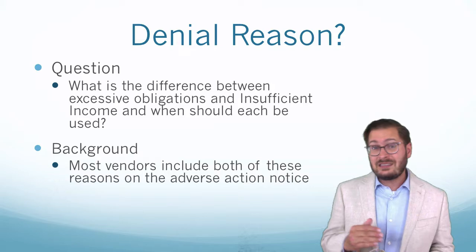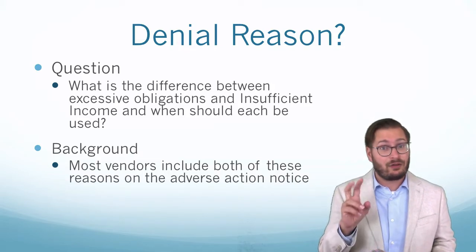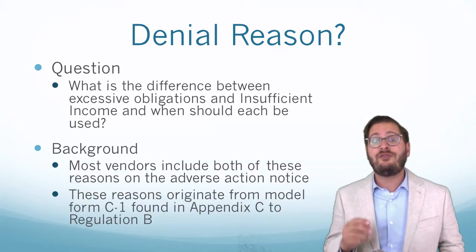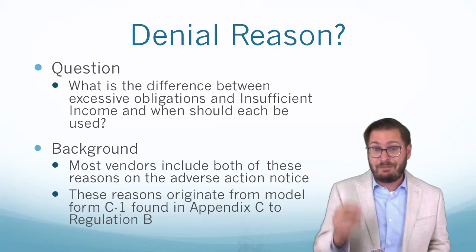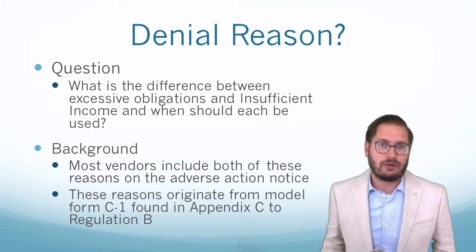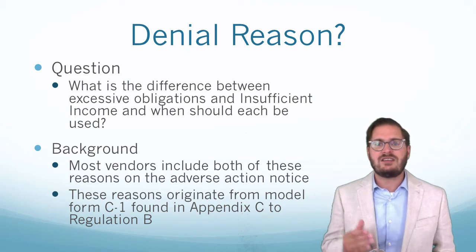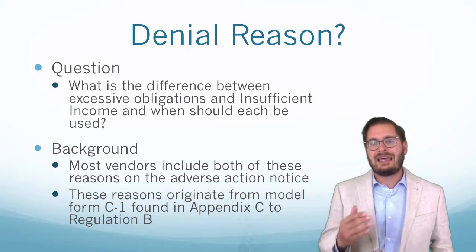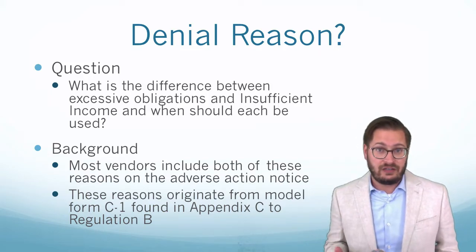Now, the reason that your vendors have included these reasons on their notices and their model forms is because model form C1 that's found in Appendix C to Regulation B includes both of these debt to income denial reasons. So the regulation itself provides two options of excessive obligations in relationship to income and insufficient income for the amount of credit requested.